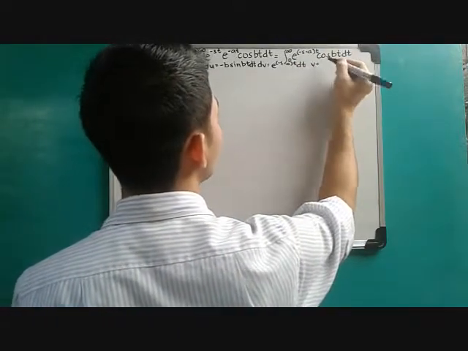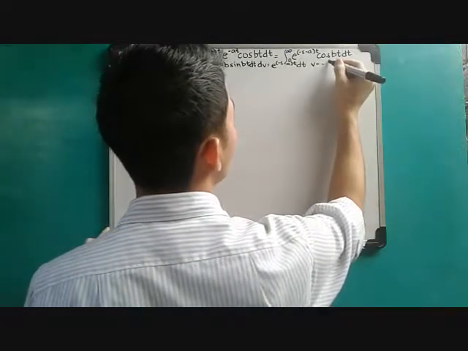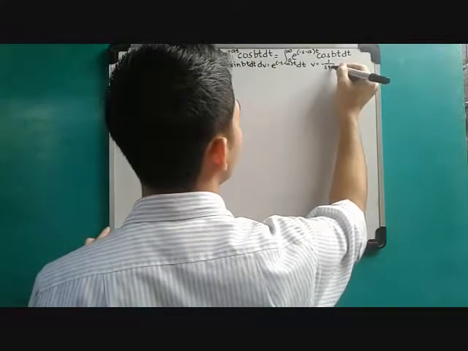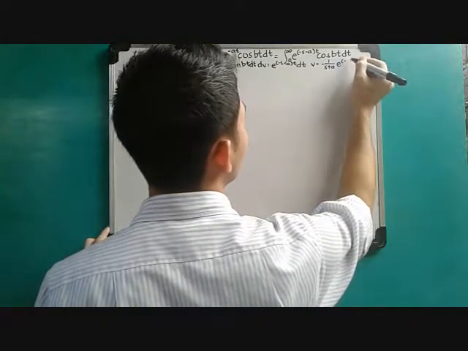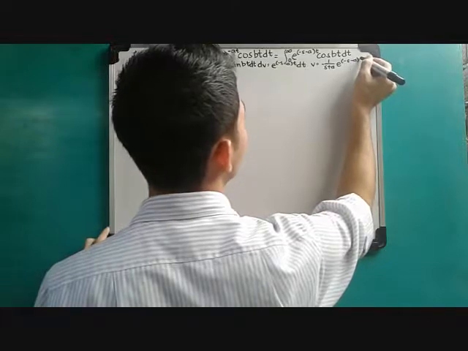And the integration of that is negative 1 over s plus a times e raised to the quantity negative s minus a times t.